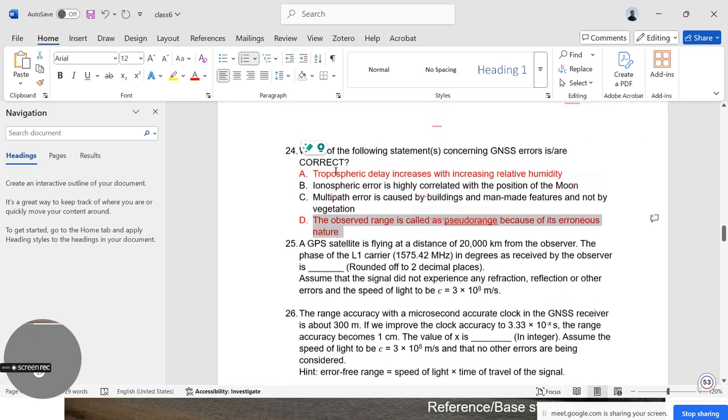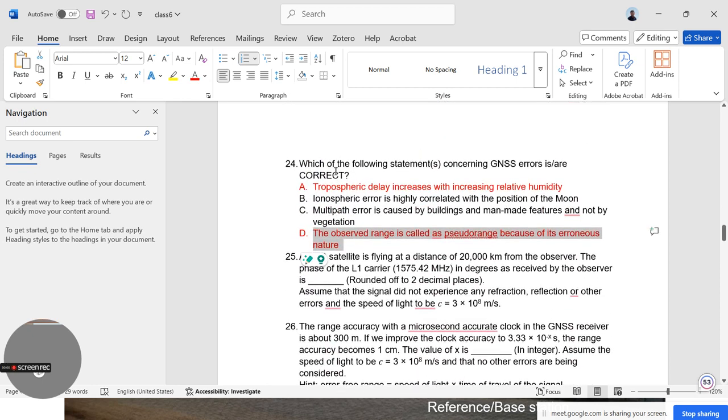Any doubt in the explanation of question number 24? If any object is very big, you have to think about how this scattering used to happen in the previous class we discussed: Rayleigh scattering, Mie scattering, and like that.